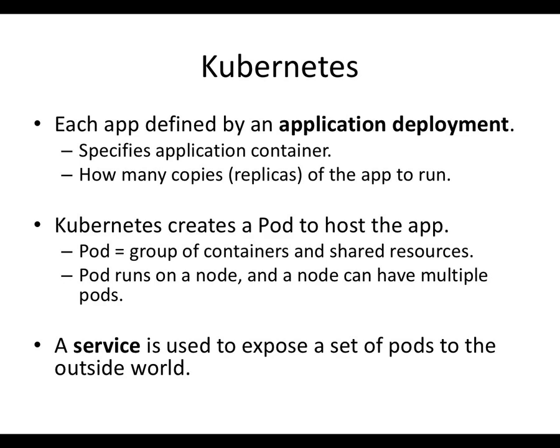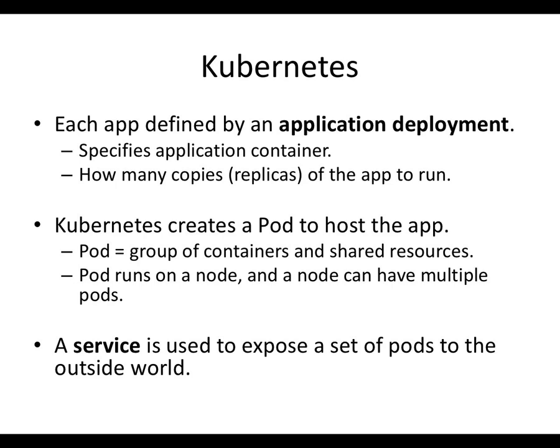As an administrator of the Kubernetes cluster, what I'm doing is creating application deployments. And each application deployment defines what kind of application container I want to instantiate. Like this last week, we created an Nginx application container.